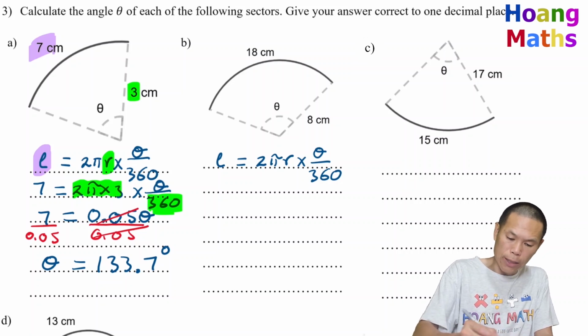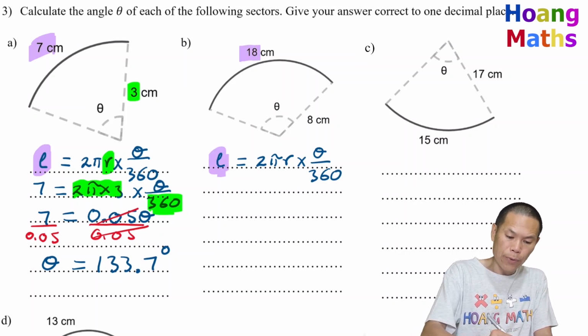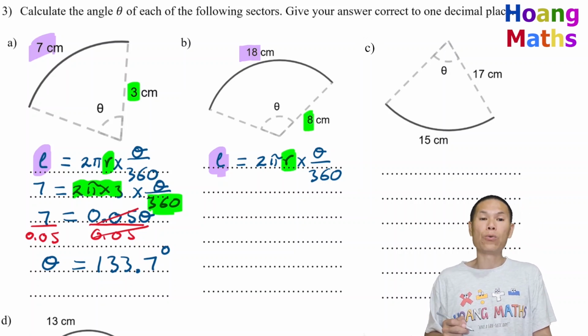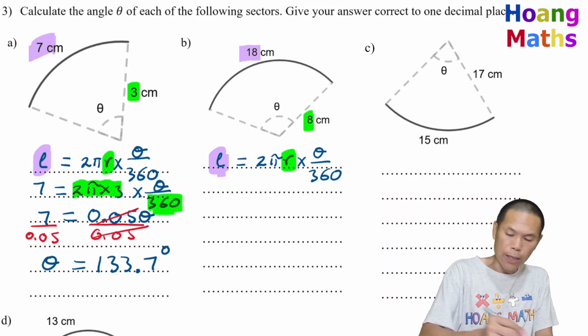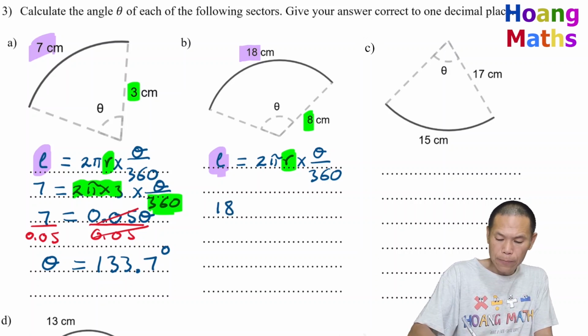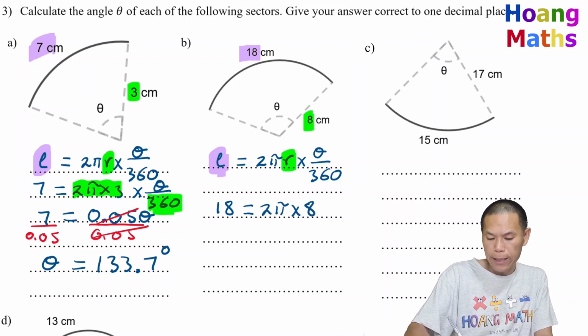And we know that the arc length is 18 and the radius here is 8. So we need to work out the angle theta in degrees correct to 1 decimal place. So 18 equals 2 pi times the radius, which is 8, and we times by theta out of 360.